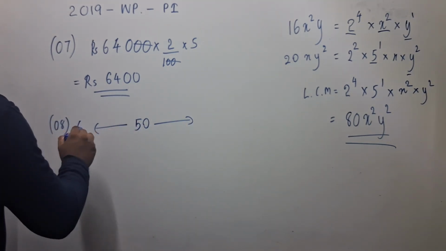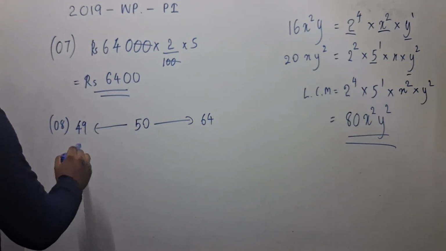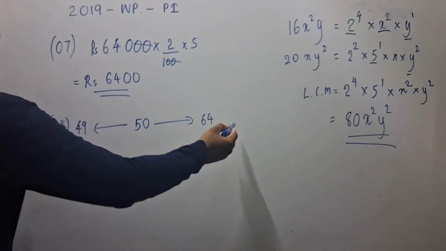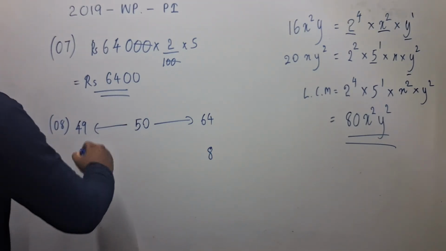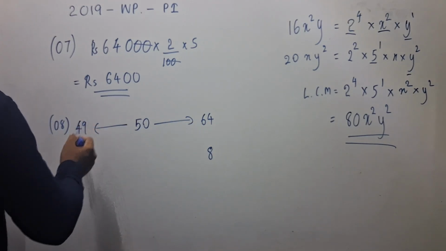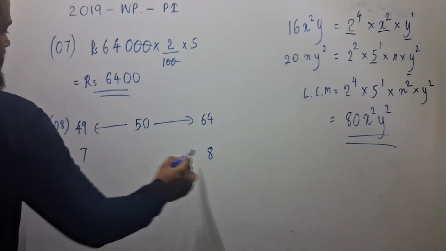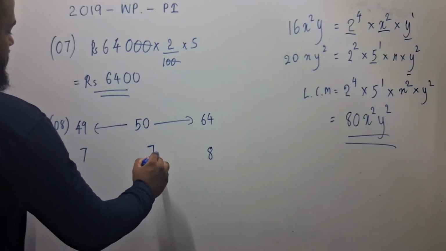50 is closer to 49 than 64. 49 is 7 squared, 64 is 8 squared. 64 square root is 8, 49 square root is 7. So, what is the middle of 7 and 8? 7.5.